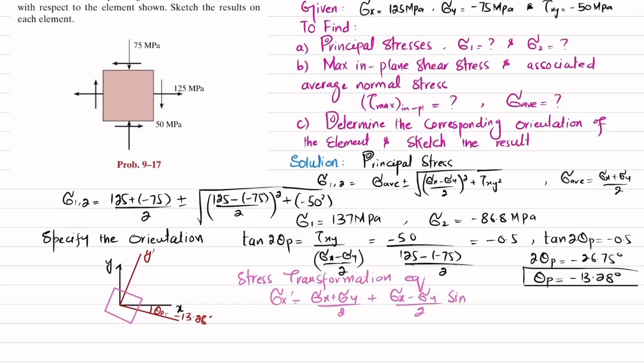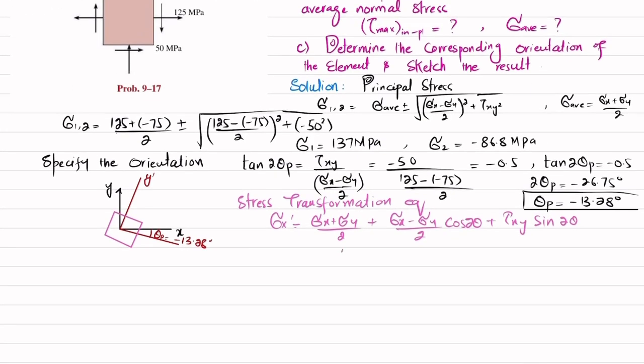So this is cos of 2 theta plus tau of xy sine of 2 theta. So put the value, you will get sigma x dash is equal to (125 minus 75) divided by 2, plus (125 minus 75) divided by 2 into cos of minus 13.28 degree plus tau of xy, and tau of xy is minus 50.